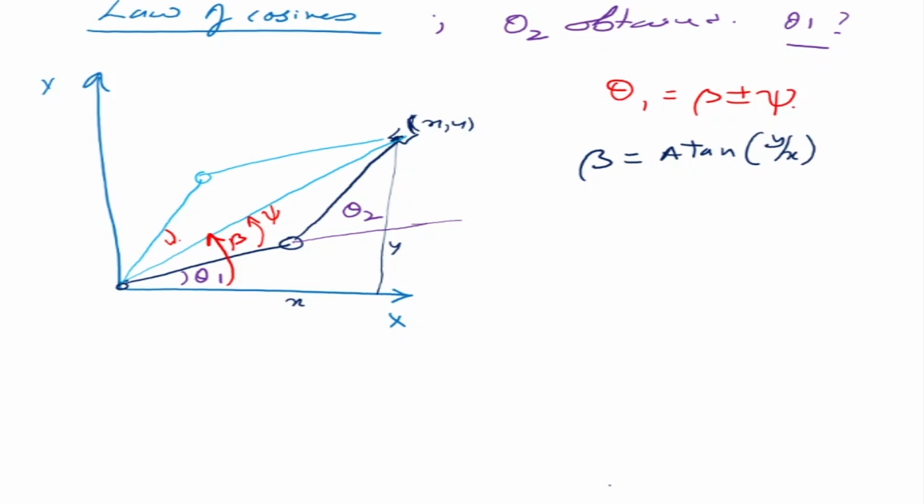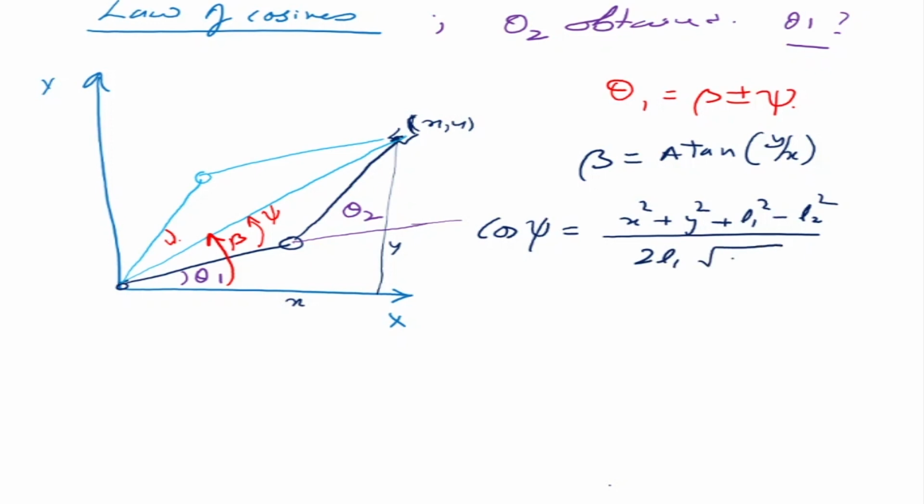Now using the law of cosines, cos of psi is equal to x squared plus y squared plus L1 squared minus L2 squared, divided by 2 L1 root over x squared plus y squared. Okay, so we have got cos psi now.